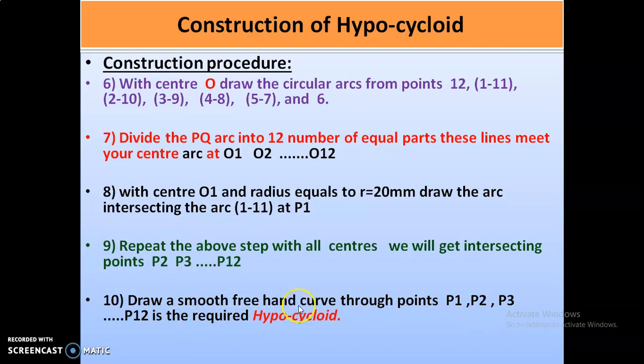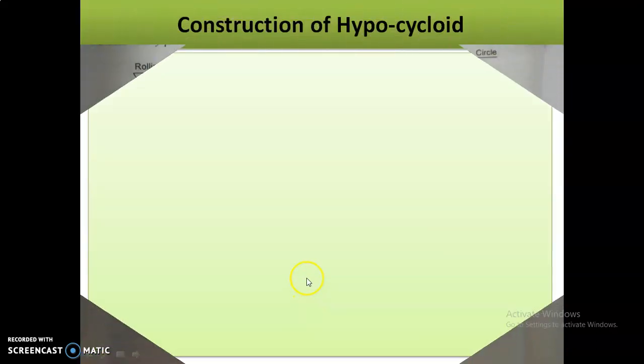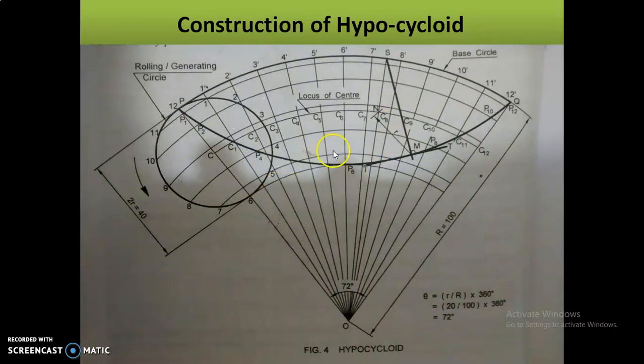After constructing the hypocycloid, it will look like this. See here, this is the final answer. This is a hypocycloid curve. This is the normal line and this one is the tangent. Okay. So this is the final answer.